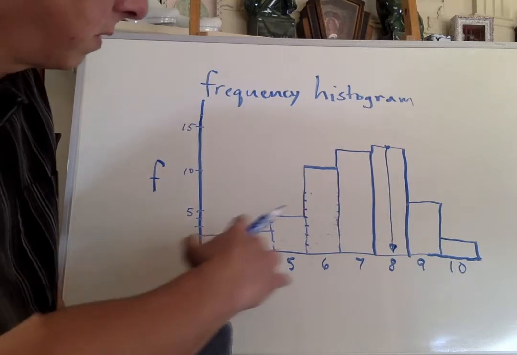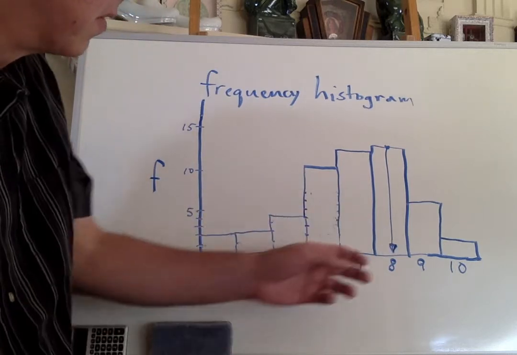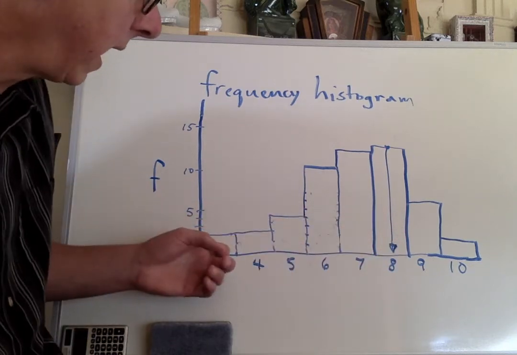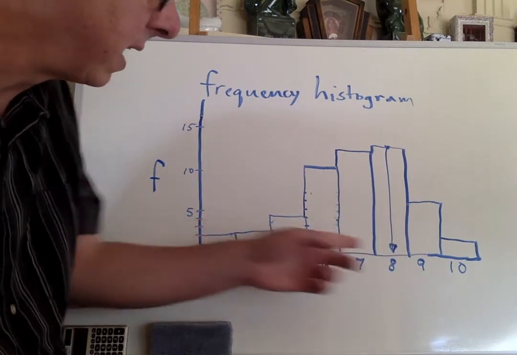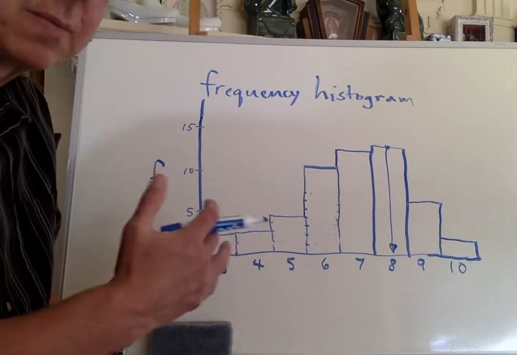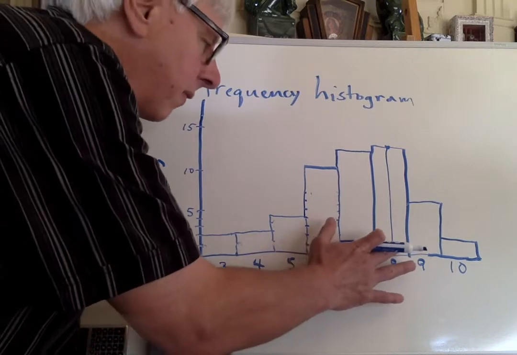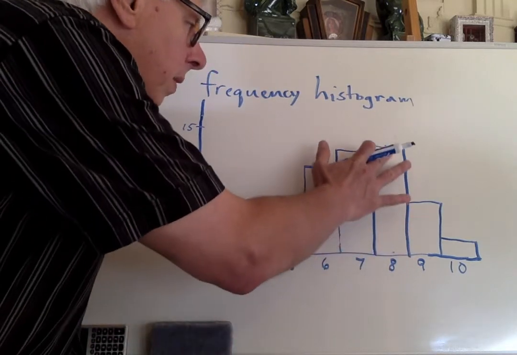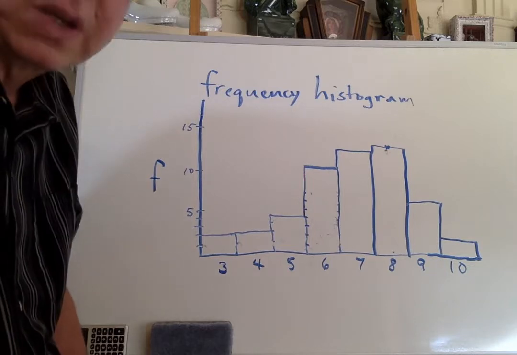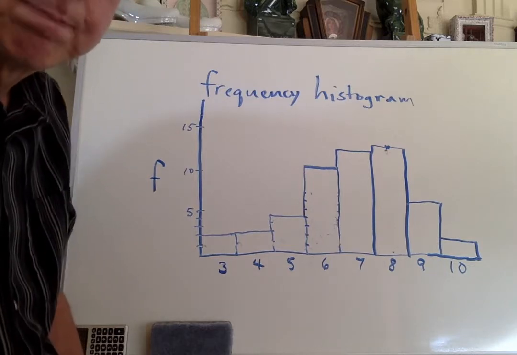It also sort of shows you the distribution. There's lots of people at 8. There's quite a few people at 7. As we move away, as we get to the lower numbers, there's not as many, at the higher as well. And we'll talk about some general shapes of these curves a little bit later in the video. But this is called a frequency histogram.